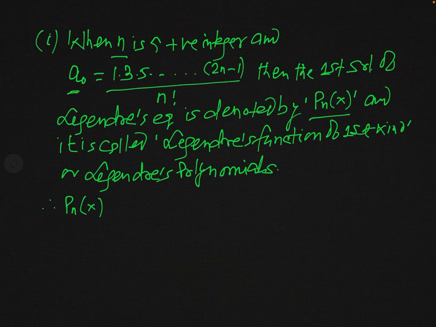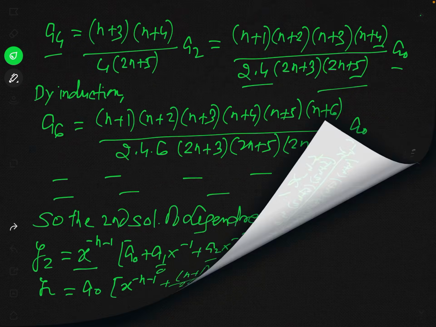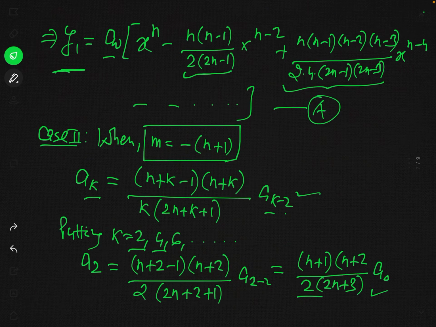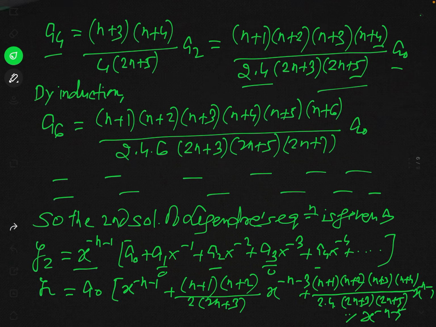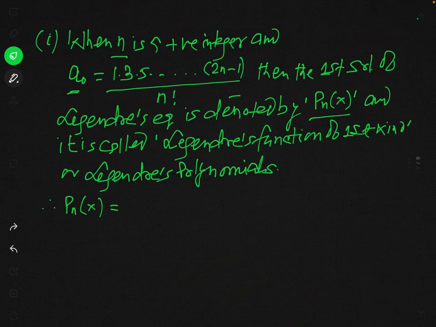So in this condition, y1 will be written as Pn of x, where a naught will have this particular value which I have defined here. You can see the y1 that you obtained, when we put that particular value of a naught here, this y1 will be called Pn of x, which is called Legendre's function of first kind or Legendre's polynomials.